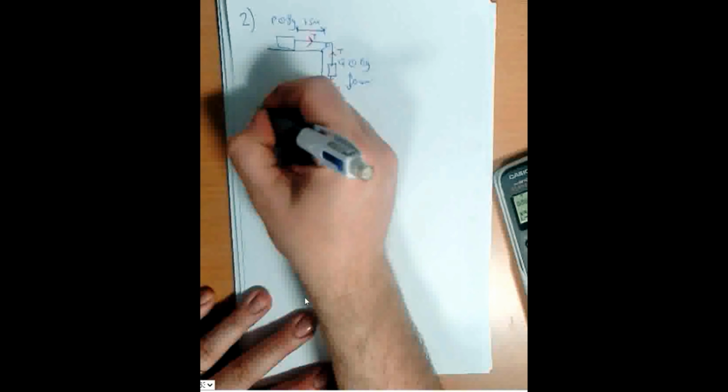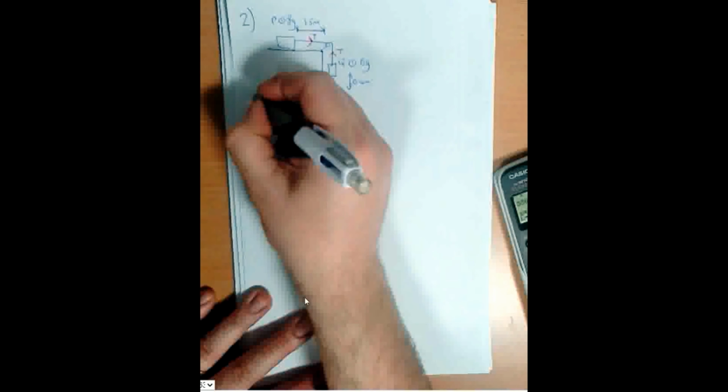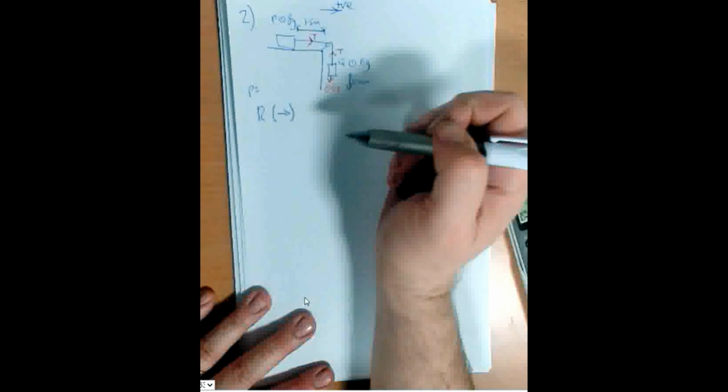I'm going to apply Newton's second law, and how we do that is we just resolve in the horizontal direction. So for P, I'm going to resolve in the horizontal direction, and I'm calling that my positive direction because that's the direction P is going to move, which means that's the direction Q is going to move, so that's also positive.